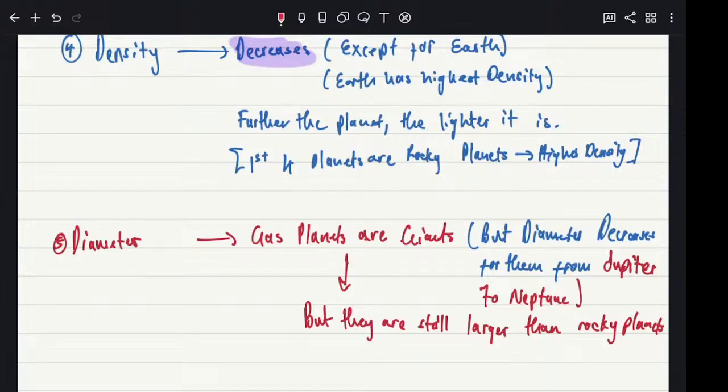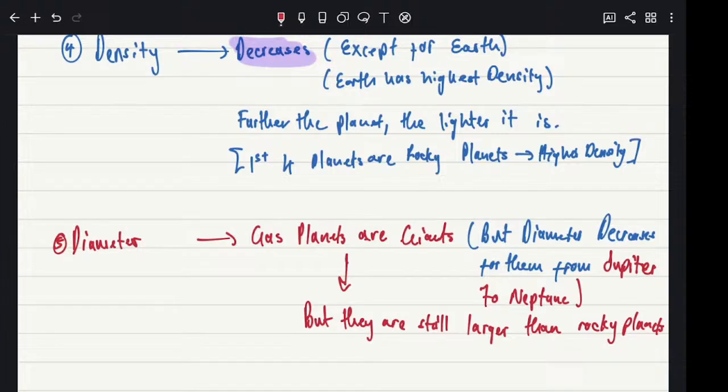Guys, have you written this? Okay. I'm going to end here. Well done. Well done. And which ones are the rocky planets? Are they the outer ones or the inner ones?